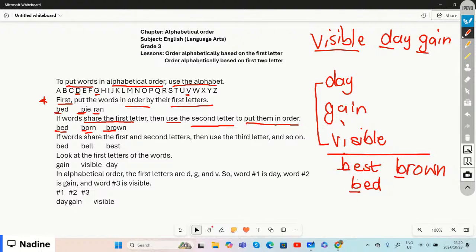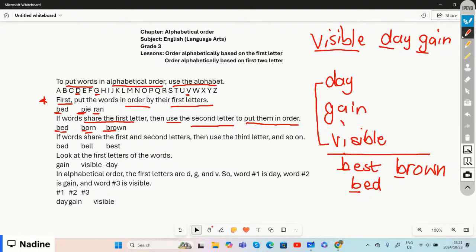Remember, we said that if we share the first letters, we move on to the second letters. If we look at the second letter, we have E, R, and then E again.